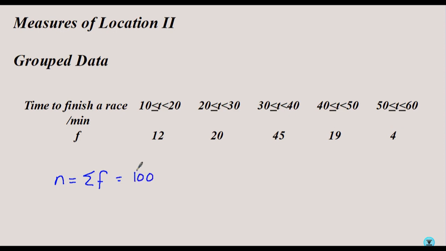So 100 people took part in this race. The minimum time to finish the race is probably 10, and the maximum time is 60 minutes. Now it's important to note that we really don't know how those 12 people arrived within the interval. This was mentioned before when we talked about cumulative data.